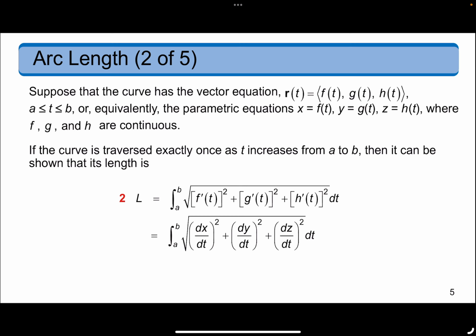If the curve is traversed exactly once as t increases from a to b, then it can be shown that its length is L equal to the integral from a to b of the square root of f prime squared plus g prime squared plus h prime squared dt.